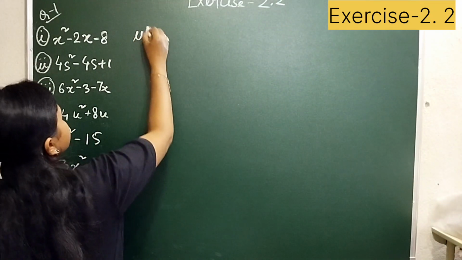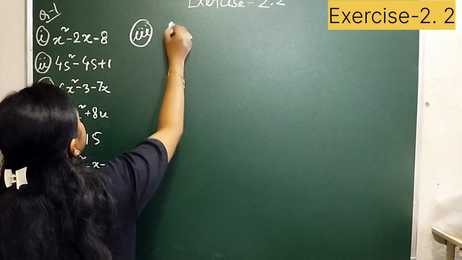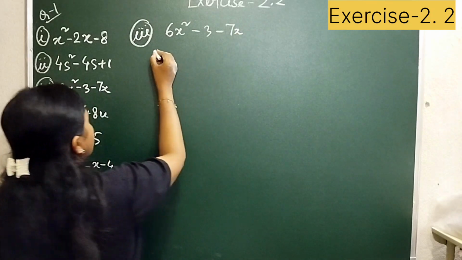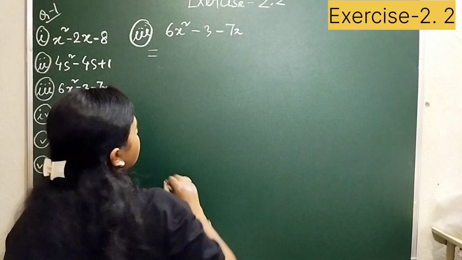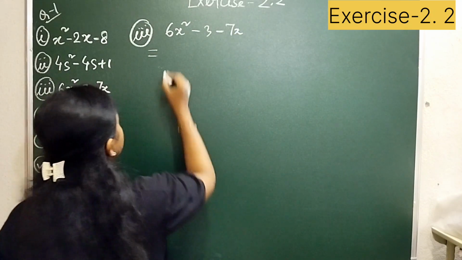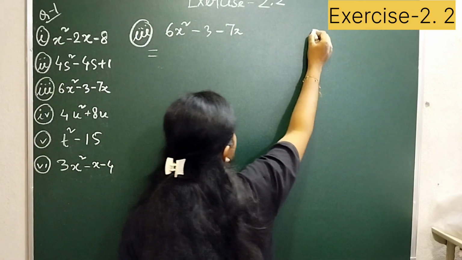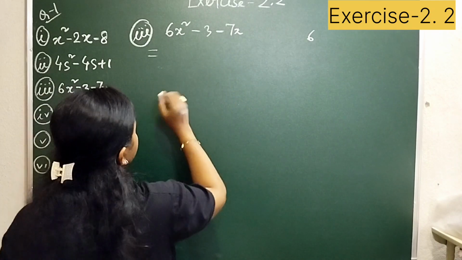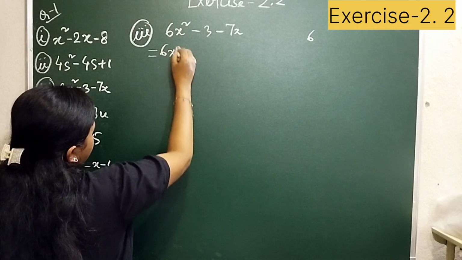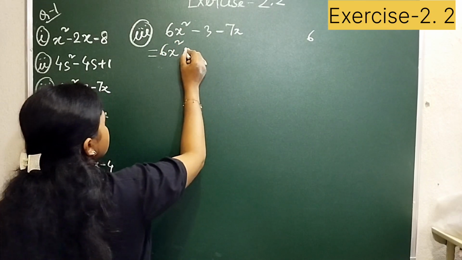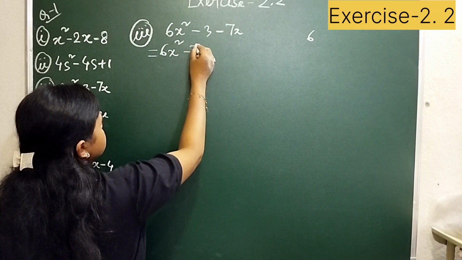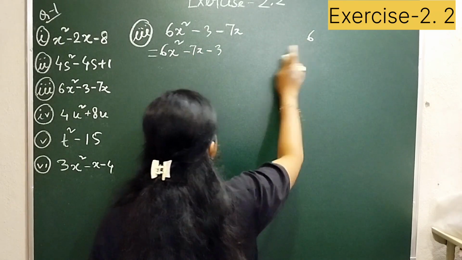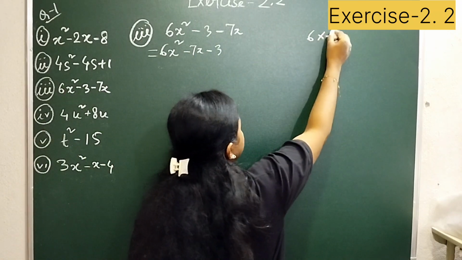Question number 3, let us copy it. 6x square minus 3 minus 7x. First we have to factorize it to find out the zeros of the polynomial. The coefficient of x square is 6 and there is a constant term. Let us write it in ax square plus bx plus c form. Now the coefficient of x square is 6 and the constant term is minus 3.